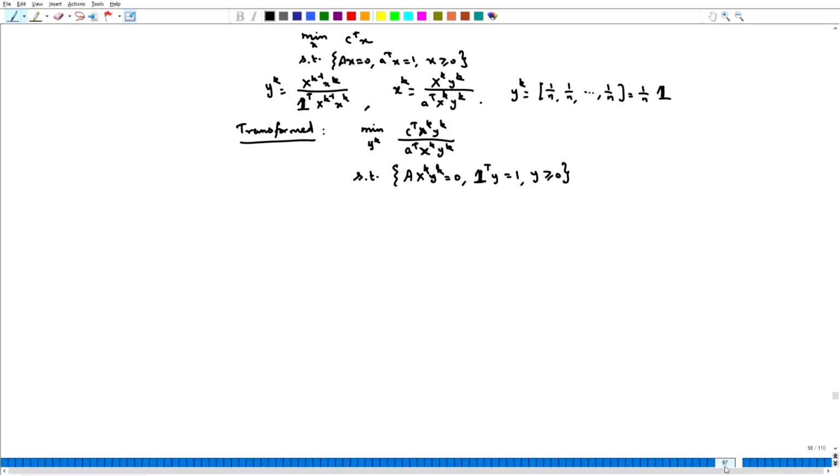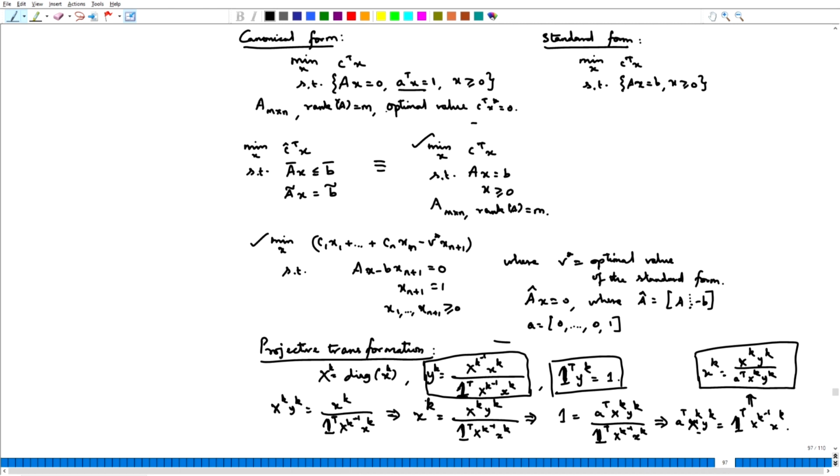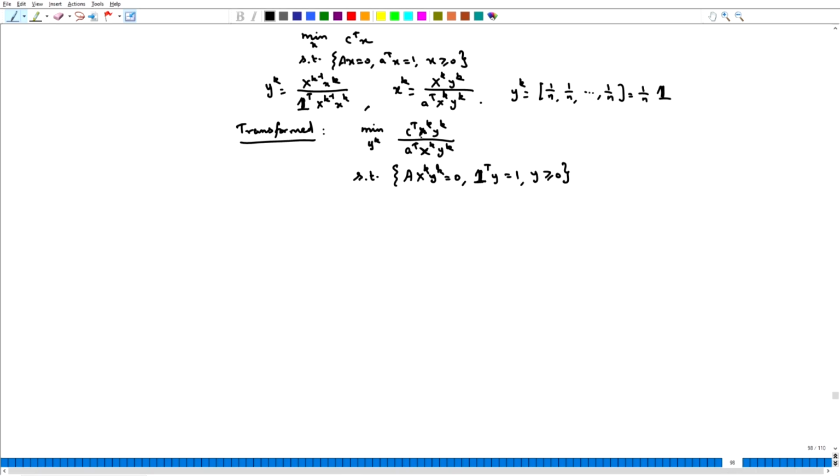That is the reason why the optimal value had to be 0. You might have wondered why we had this condition that the optimal value c transpose x star must be equal to 0. Why was this asked for? It was because if the answer is 0, you can actually remove the denominator.